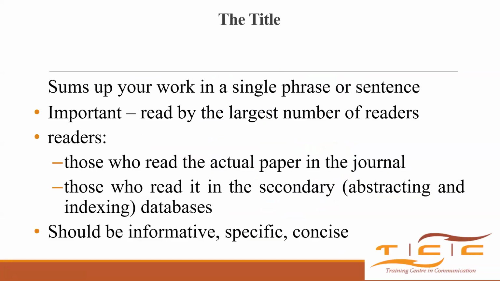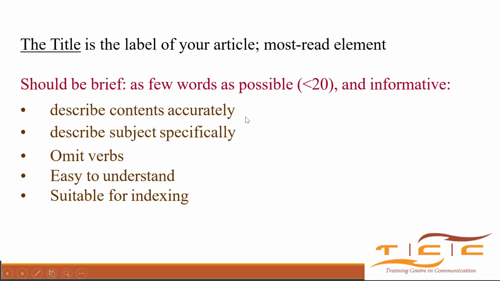We are going to talk about a database tomorrow called Dimensions AI, and you will see that the title goes there. That's why it should be informative, specific, and concise. And again, as I said, try to keep it concise, and if you can, keep it below 20 words. So 20 and below, okay? You need to describe the contents accurately, describe subjects specifically.